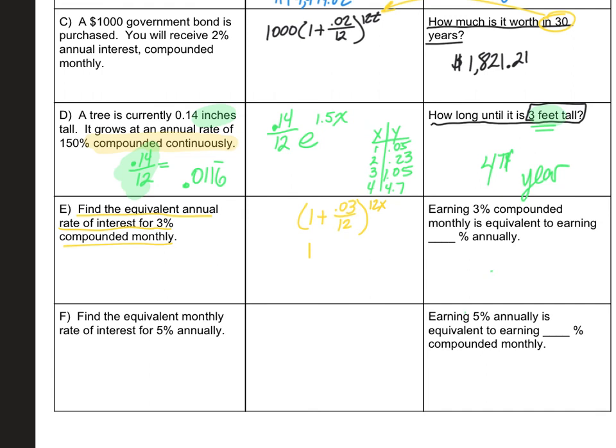So the 0.03, we're getting 3% every year, but it's divided monthly, so we're going to only get 0.0025 each month. When you multiply that number by 12, what you'll learn is that number 12 times will get us back to our 3%.